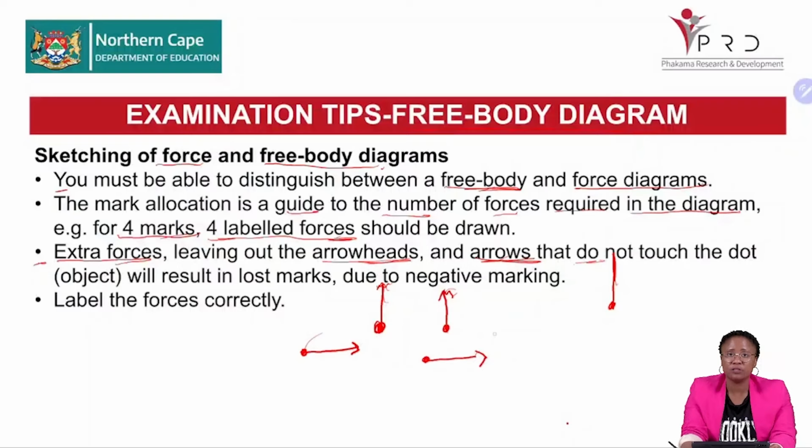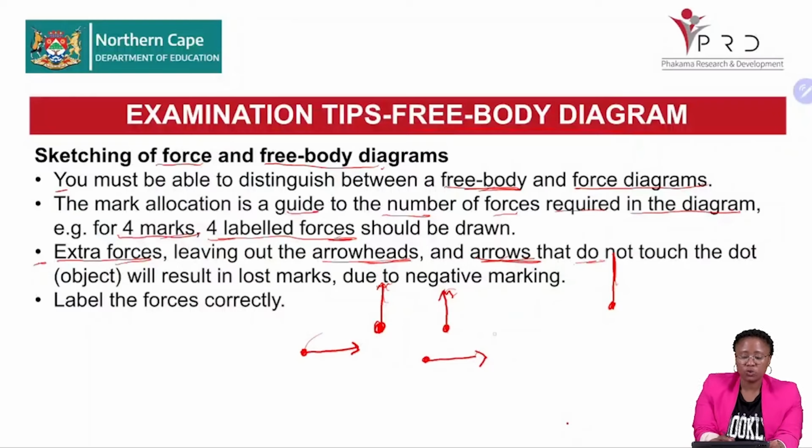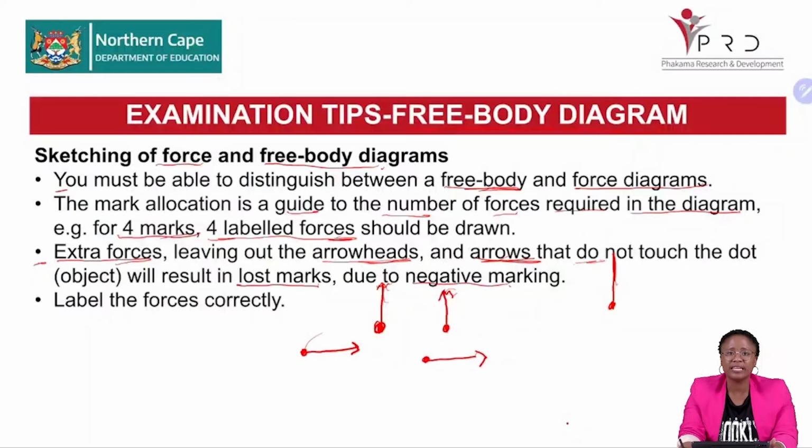You would be penalized for that. So make sure that you draw a clean and neat arrow that shows the arrowhead. As I said, this can result in you losing marks due to negative marking, or being penalized because you did not follow the rules of drawing the free body diagram.